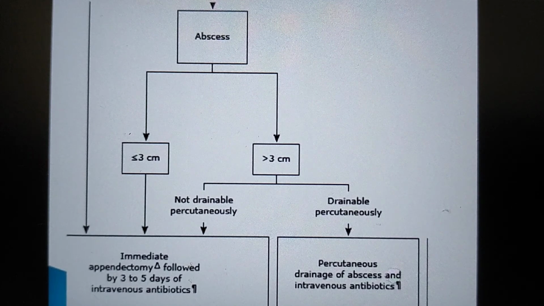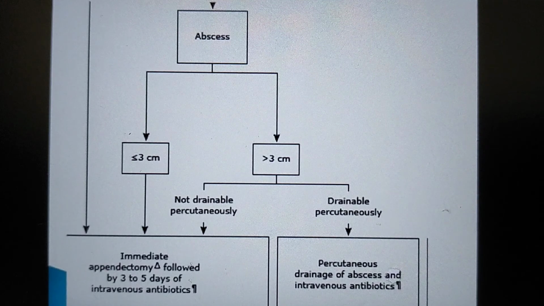If the patient has localized symptoms and we find an abscess less than 3 centimeters, then we do appendectomy followed by 3 to 5 days of IV antibiotic. If it is more than 3 centimeters, we see whether we can drain percutaneously or not. If no, then we proceed with immediate appendectomy followed by IV antibiotic for 3 to 5 days.